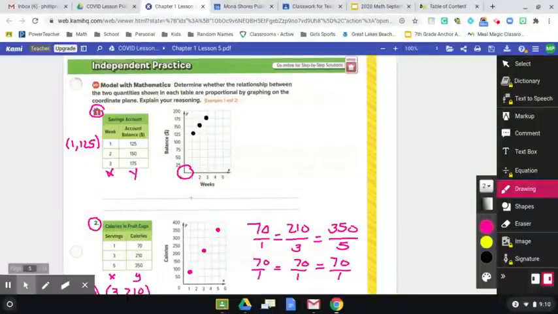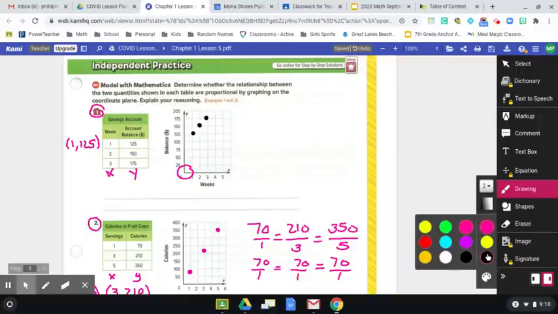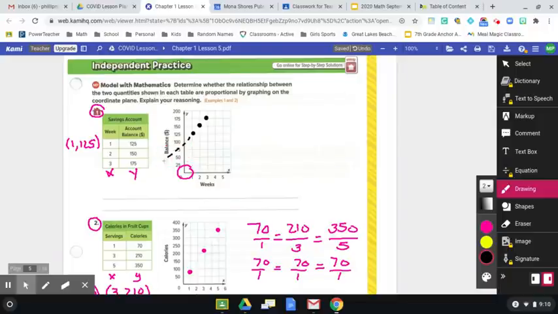No, it's not. And so if you were to think about extending this line out, if you were to keep graphing points, is it ever going to go through 0, 0? No, it's not. It's never going to cross it there. So for that reason, you're looking at a non-proportional graph.